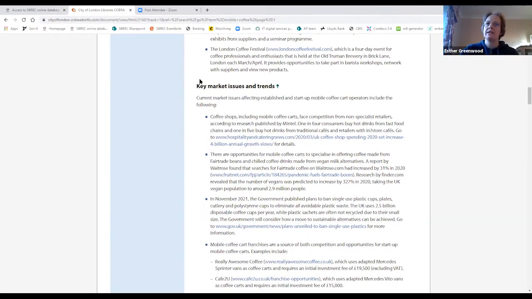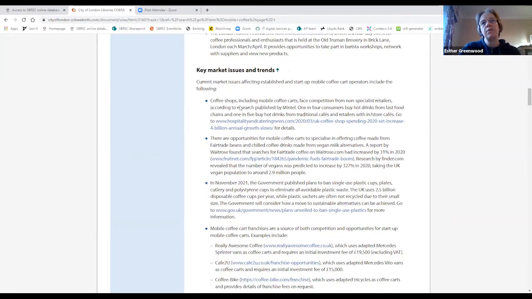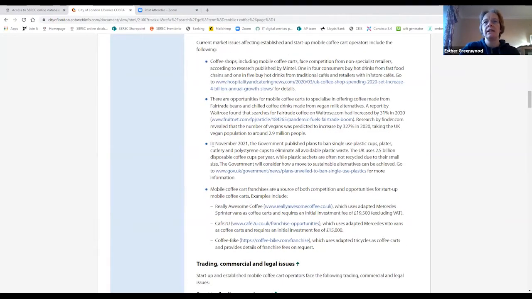Below this is a section called Key Market Issues and Trends. So that's what's going on in the market at the moment. One of the things that it highlights here is the government wishes to ban single-use plastics. And obviously for something like a coffee cart, which is very much food on the go or drinks on the go, this could have quite an effect on how they might operate.